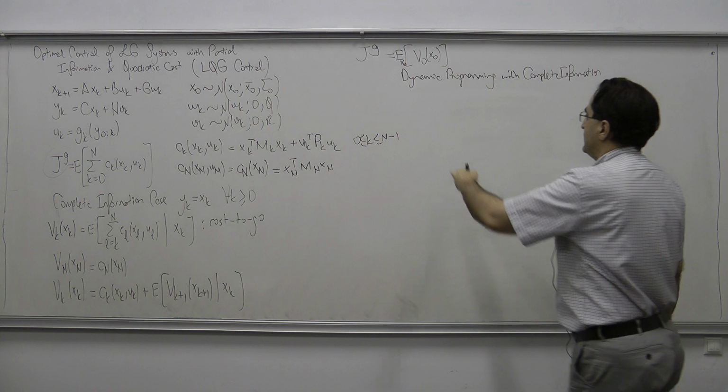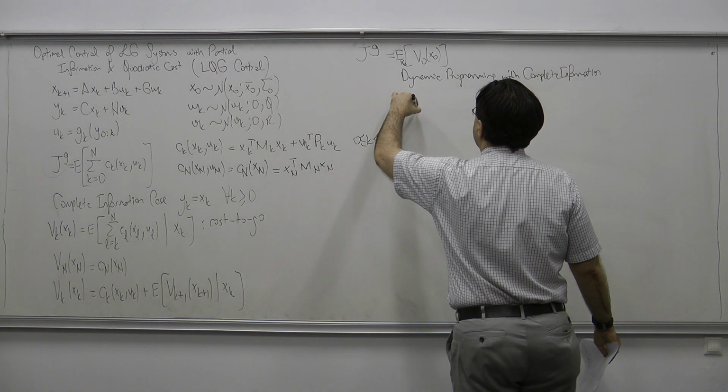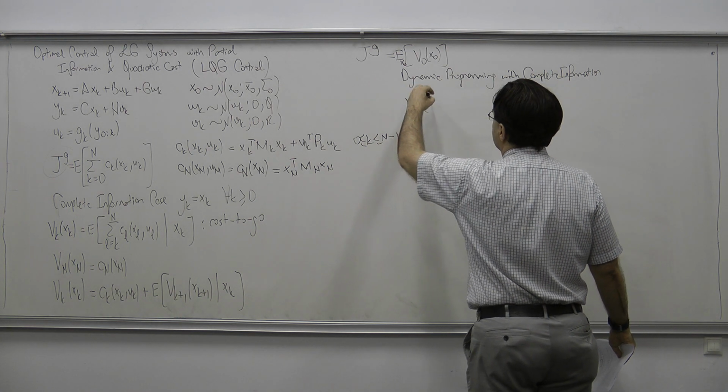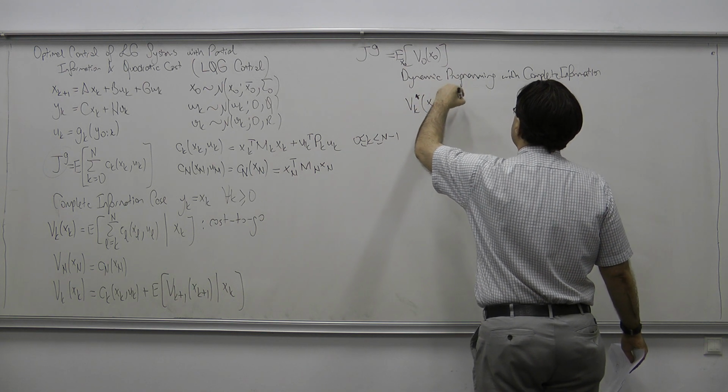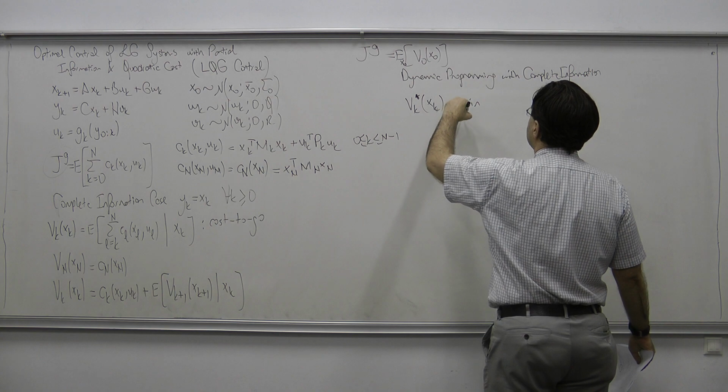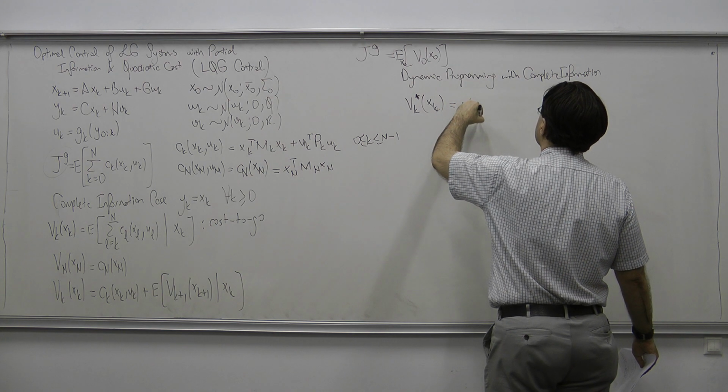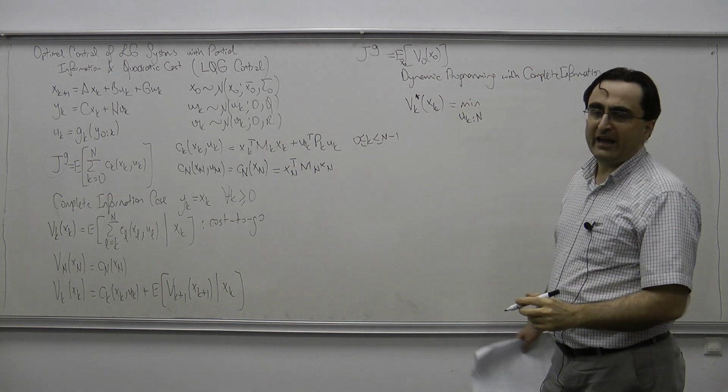In that case, what we do is calculate these optimal cost to go functions. Vk star of xk is obtained as the minimization with respect to uk to n.